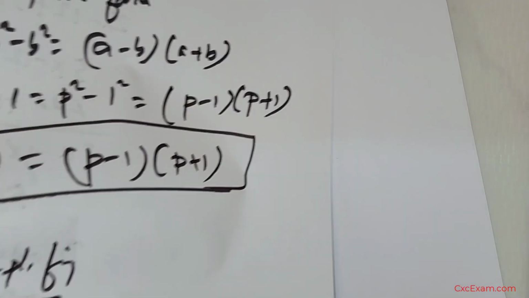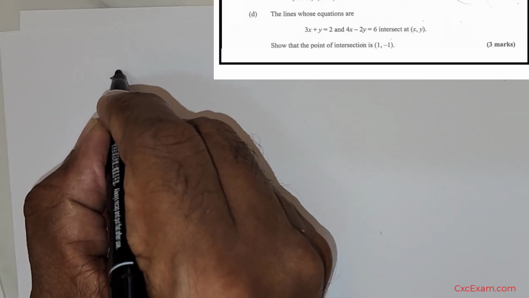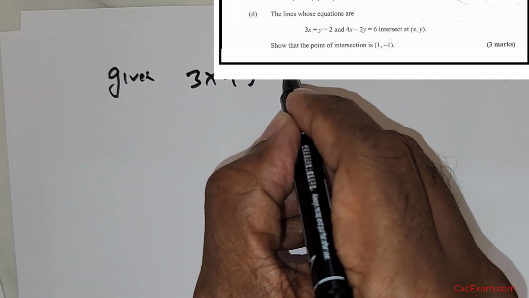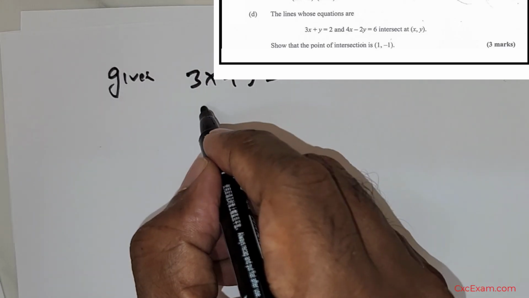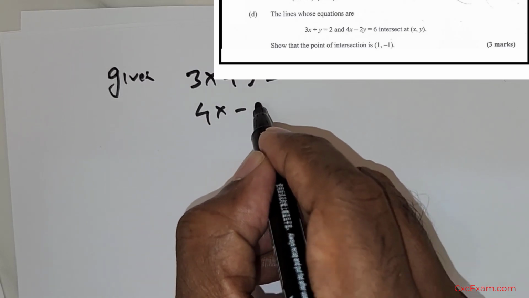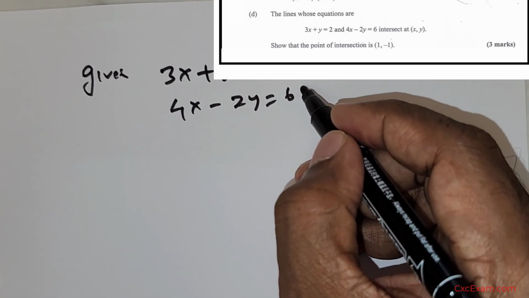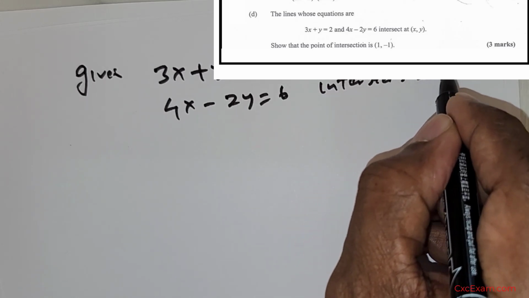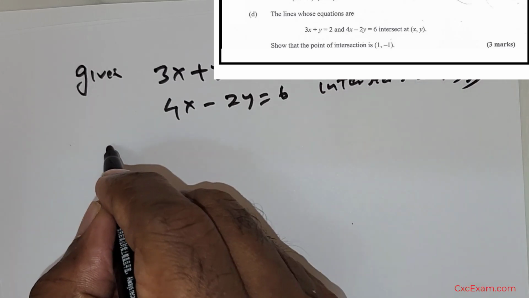Now we have another question. So we are given two lines, 3x + y = 2 and 4x - 2y = 6, intersecting at (x, y).